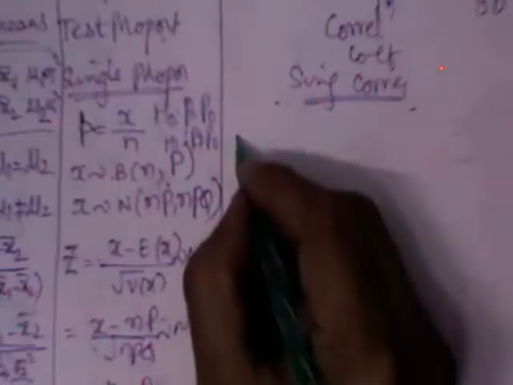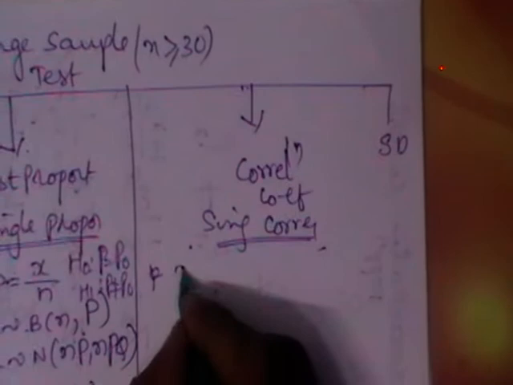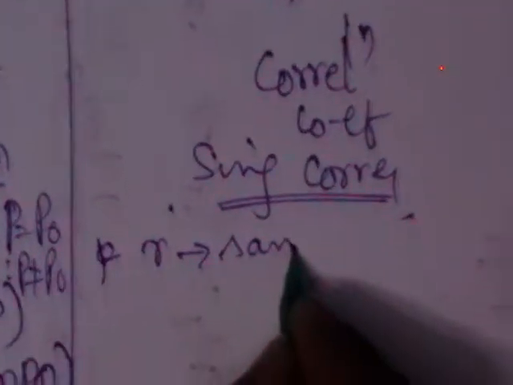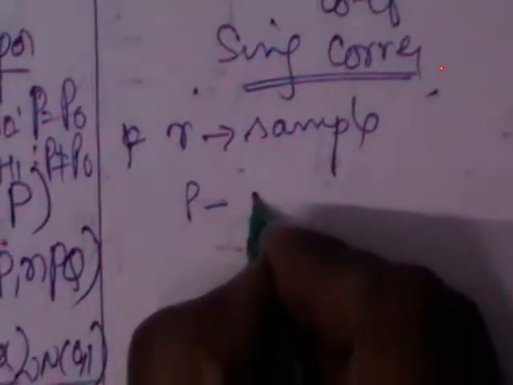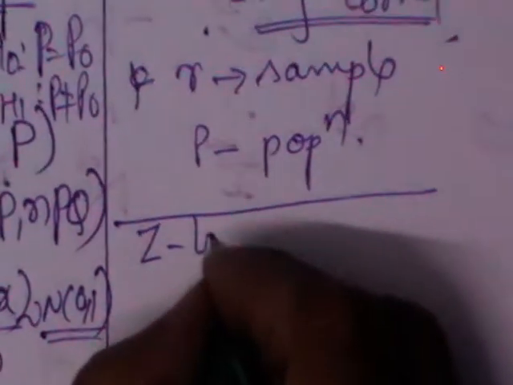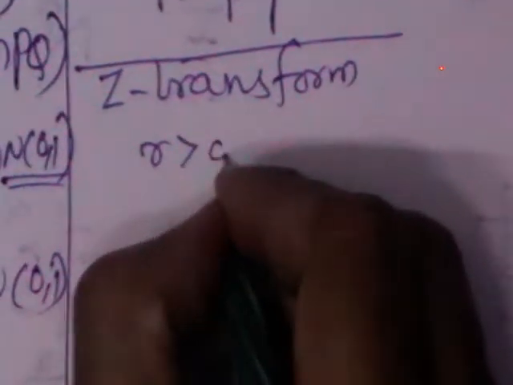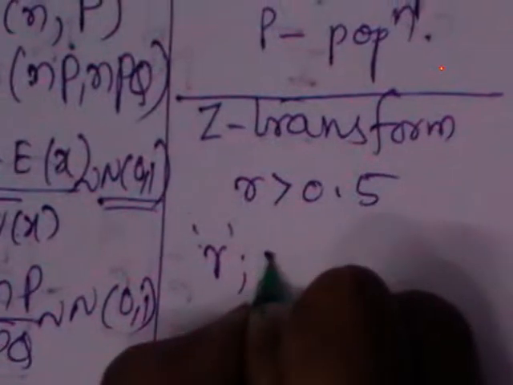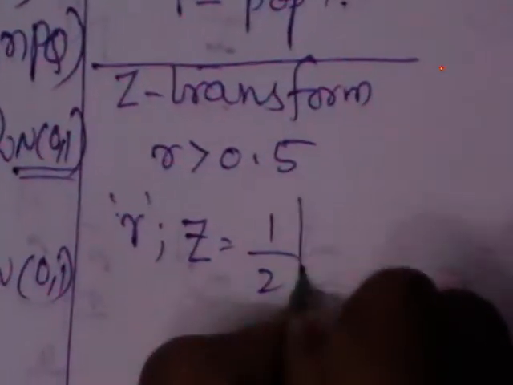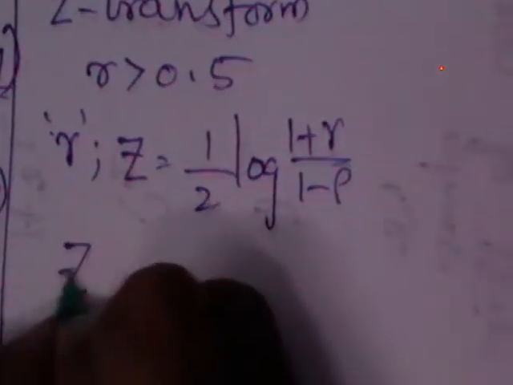Decision is similar. For the single one, you should describe r as the sample correlation and rho as the population correlation coefficient. Here only you should look into the Z transformation when compared to the other cases. What is the Z transformation? Whenever r is greater than 0.5, r doesn't directly follow a normal distribution, but a transformation on r defined as Z is equal to 1 by 2 log e of (1 plus r) by (1 minus r) does.